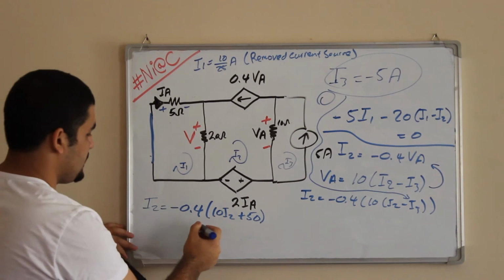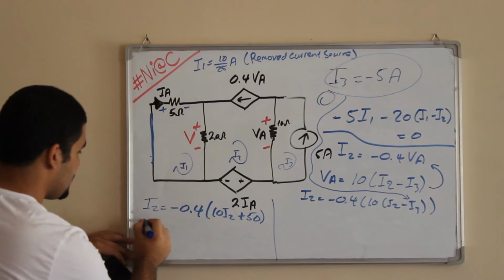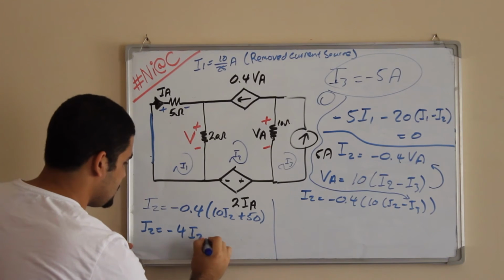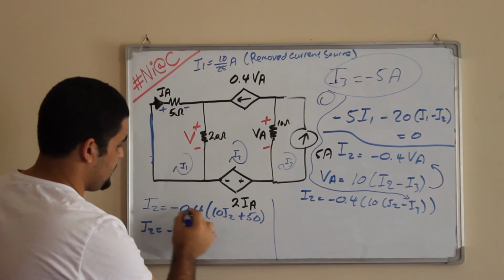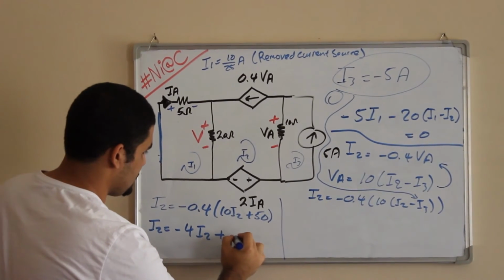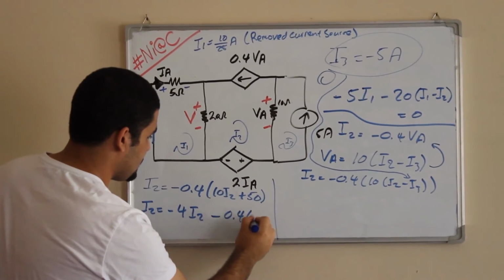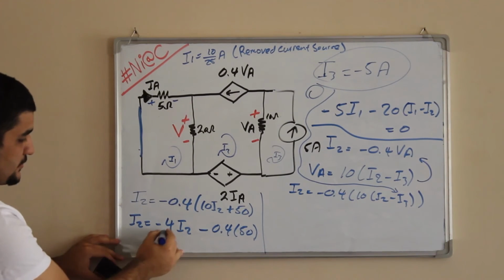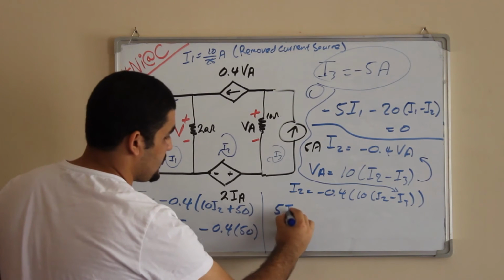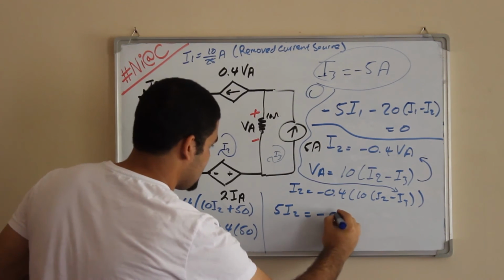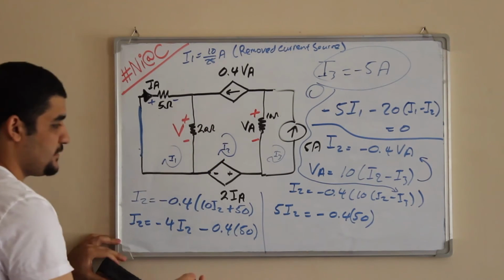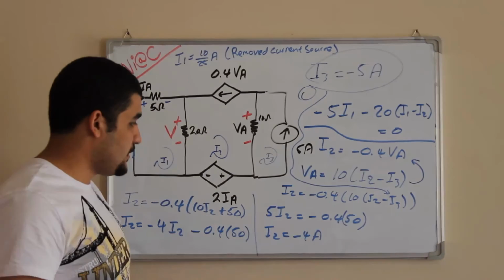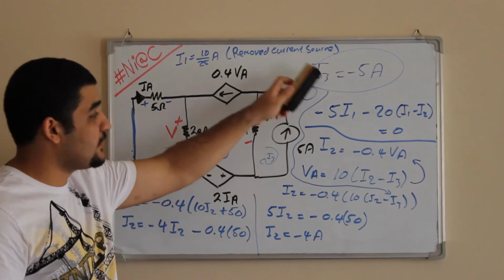Okay, moving I2 to this side, you will have I2 plus 4 I2, which is 5 I2, is equal to minus 0.4 multiplied by 50. So I2 is equal to minus 4 amps.